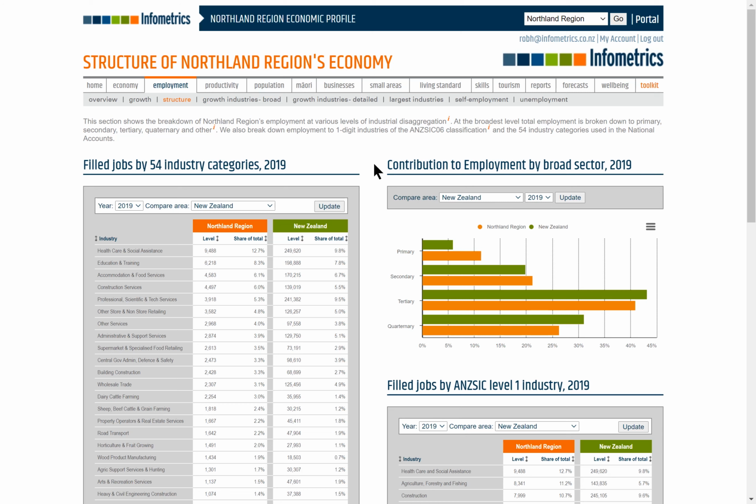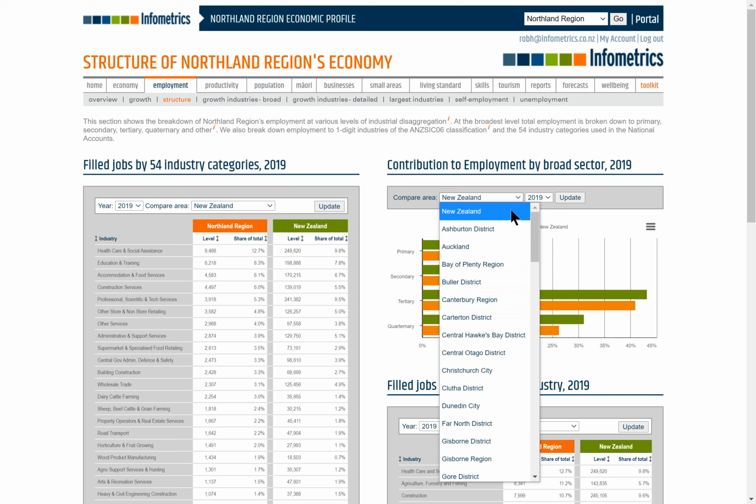Use the comparator region function to look at how your local economy differs to the national economy or a region of your choice.